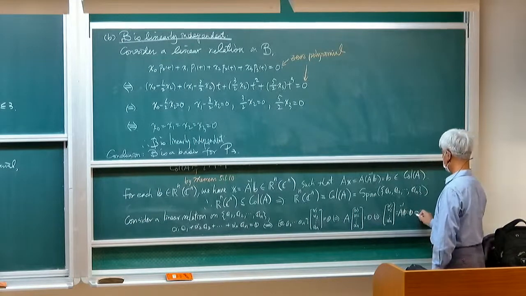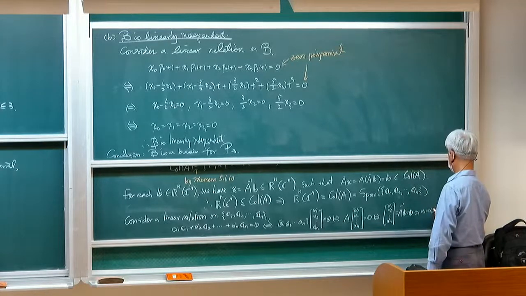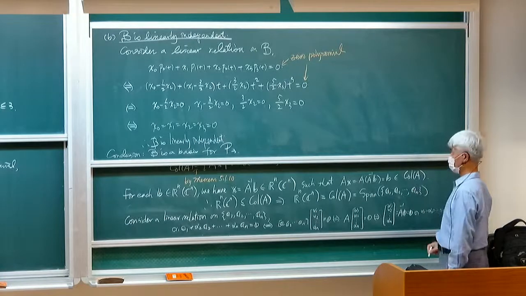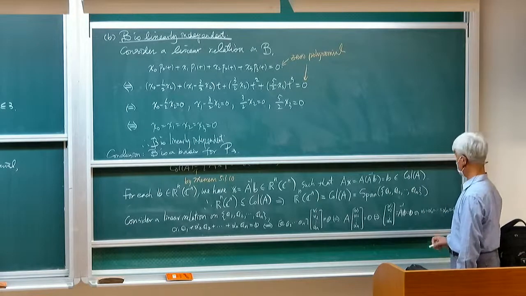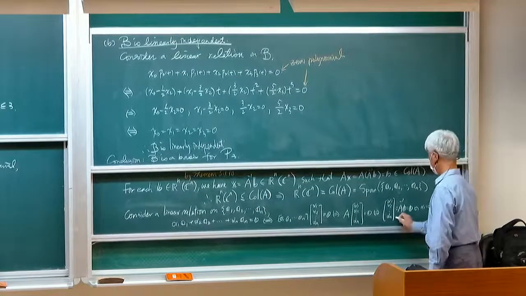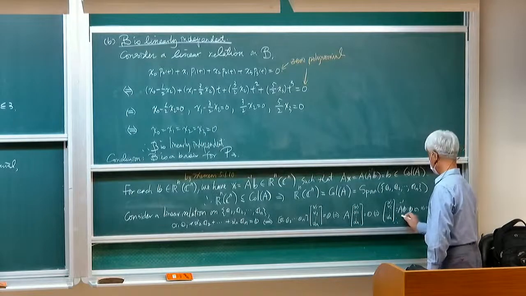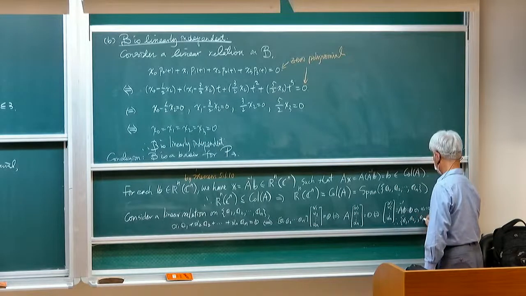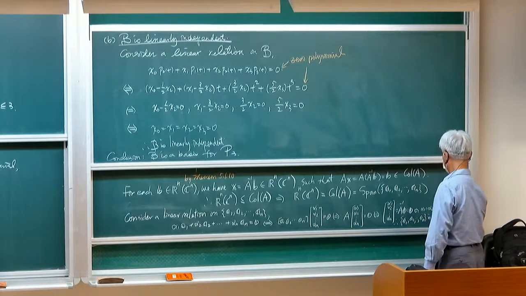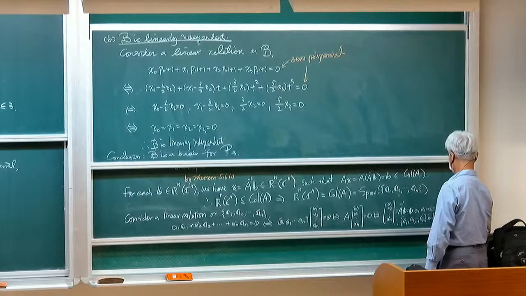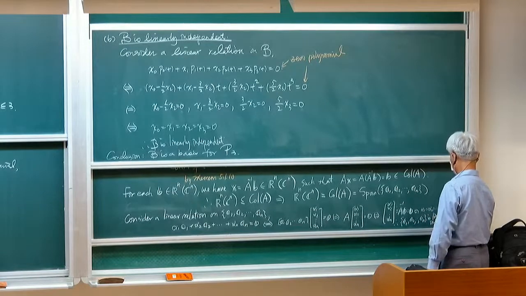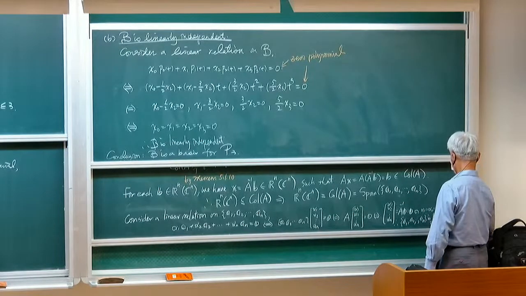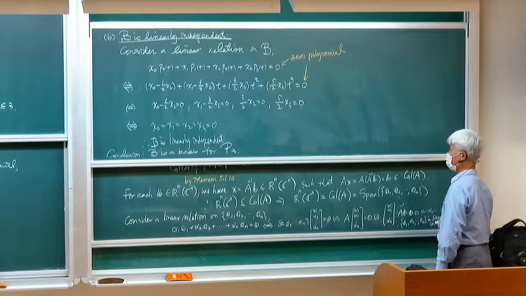So alpha 1 and the rest are zero, and so A1, A2 up to An is linearly independent. Okay, and we have done.